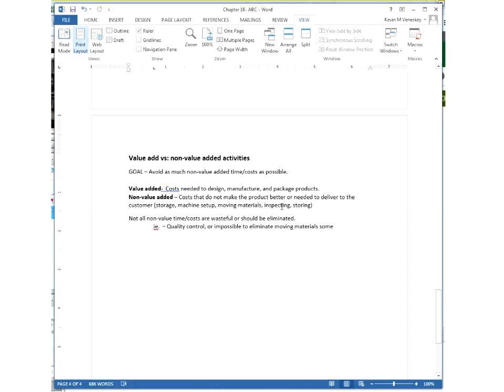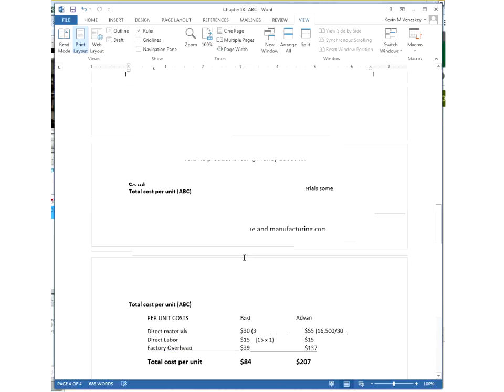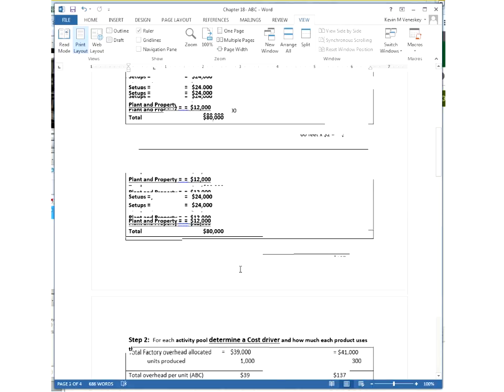Of course, inspecting, you're going to have to do it, but hopefully as little as possible. You don't like storing. You're spending money to acquire it, and then you're spending money to store it. That's not necessarily a good thing to have. So that's just a little bit on value versus non-value added activities.